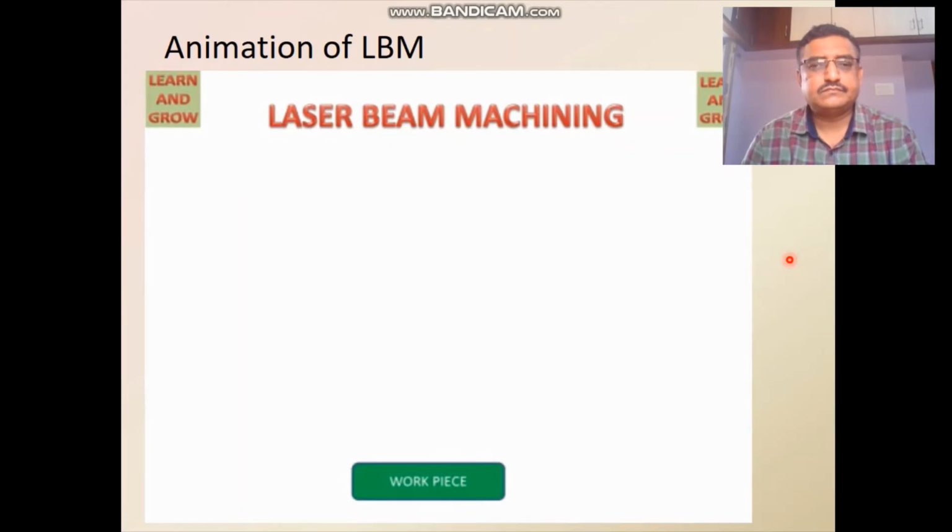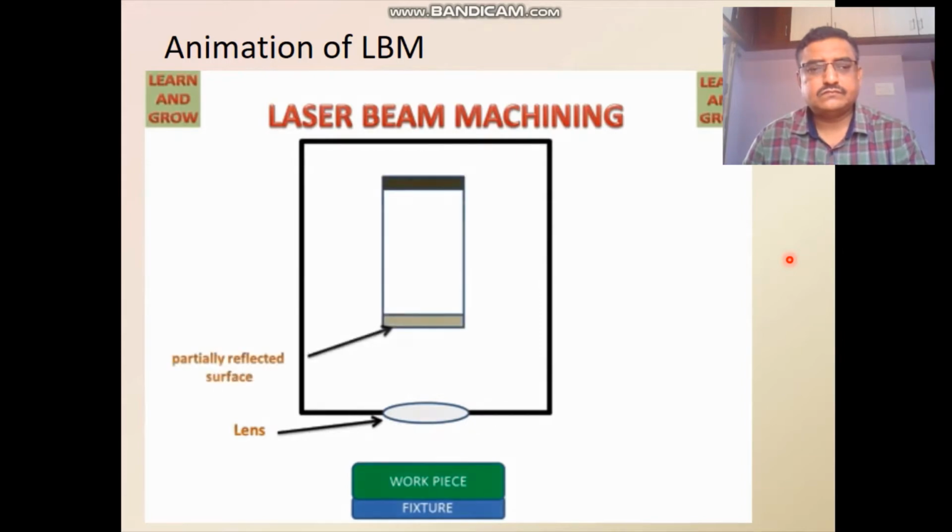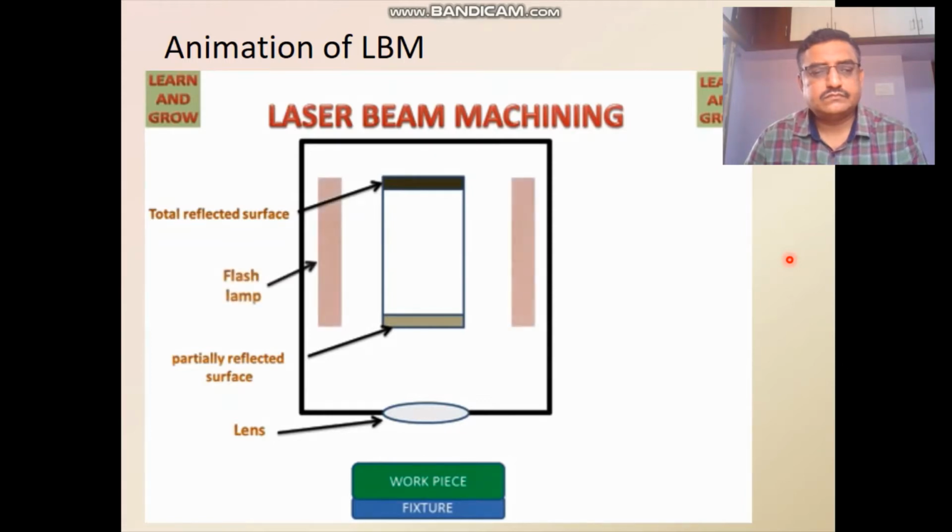We have a workpiece on which all the experiment will be performed, which is connected to the fixture for fixing the workpiece, and a chamber which has a lens on the downward side for focusing the beam, and a partially reflecting surface and total reflecting surface on this crystal. This is called the ruby crystal doped with chromium, which is the best combination for laser beam machining.